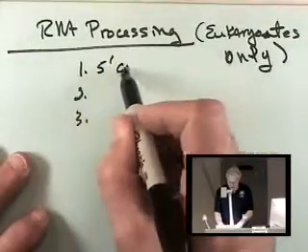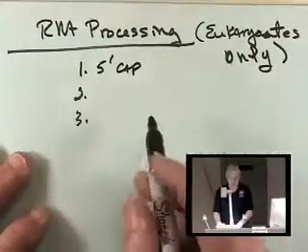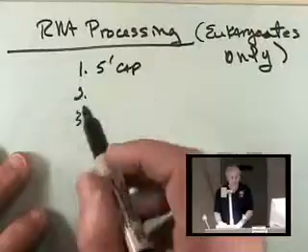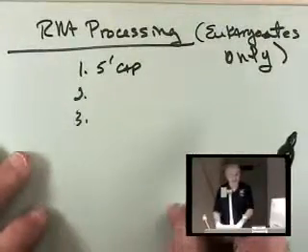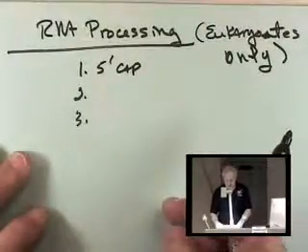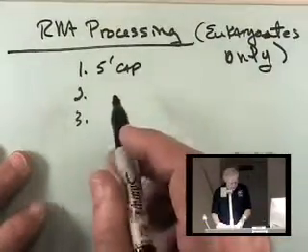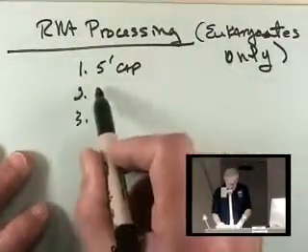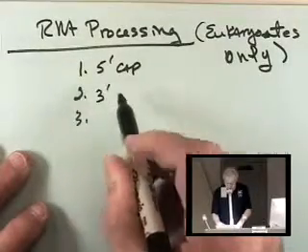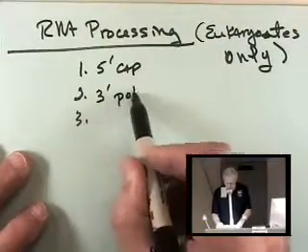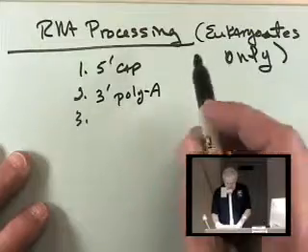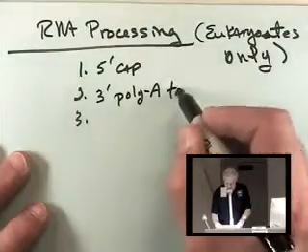There's a 5' cap that's added as the transcript becomes available. Remember, the first part of the RNA message to be produced is the 5' end. So a cap is added there. As soon as it's done, then a 3' poly A tail, a polyadenylate tail, is added.